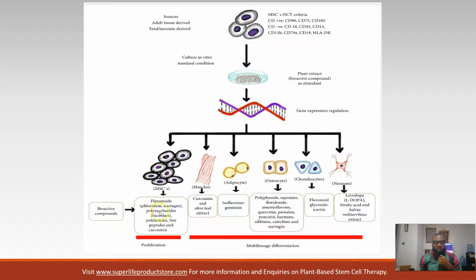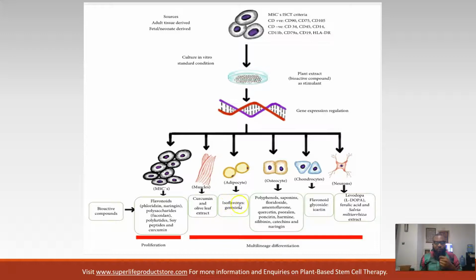So when mixed with flavonoids and polyketides, soy peptides, and curcumin, they basically produce the mother cells of the mesenchymal stem cells, right? When mixed with curcumin and olive leaf extract, scientists were able to isolate muscle cells.